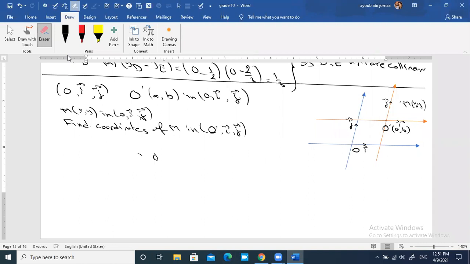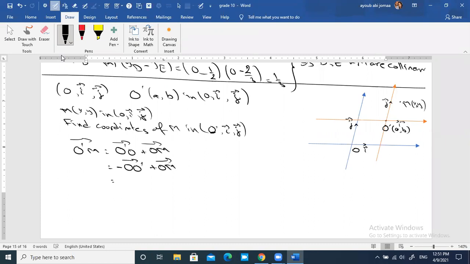I can say the following. O prime M is equal to O prime O plus OM. Inserting point O, this is equal to negative OO prime plus OM.